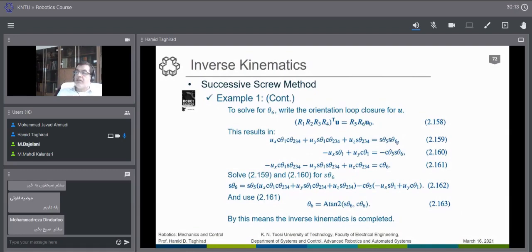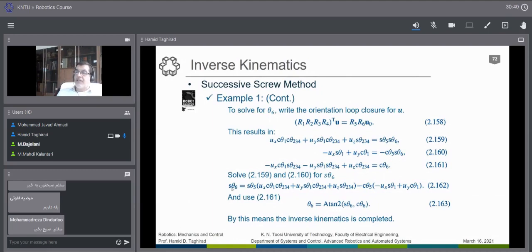It is simple to multiply this equation by sine of theta 5, this one by cosine of theta 5, and then take not the addition but the subtraction of these two. Sine of theta 5 squared plus cosine of theta 5 squared will eliminate, and the sine of theta 6 will be apparent in here.